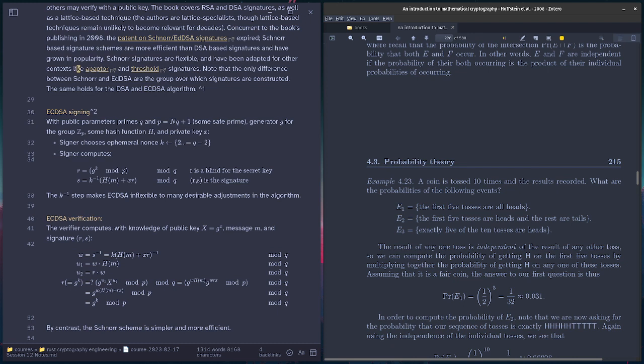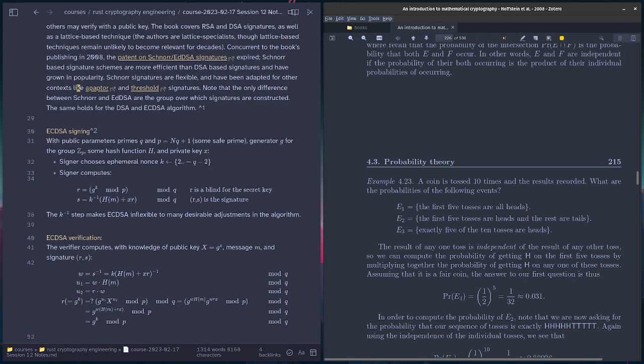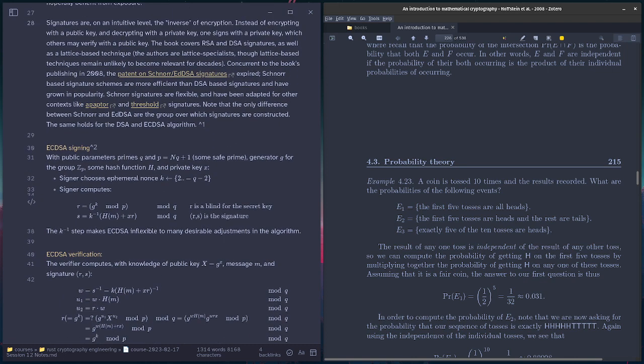So if I remember correctly, the book does not cover EdDSA, which is the same thing as Schnorr signatures, maybe because they probably wouldn't have been that popular in 2008 when the book was published. But since then, the patent on Schnorr signatures expired in 2008.